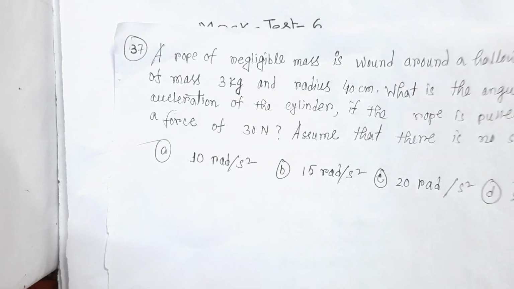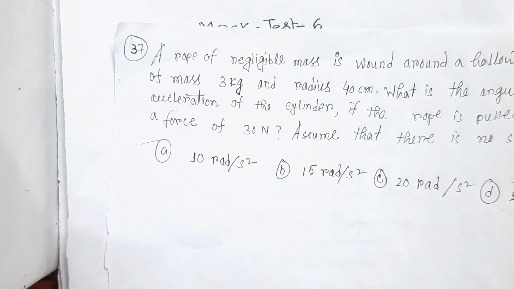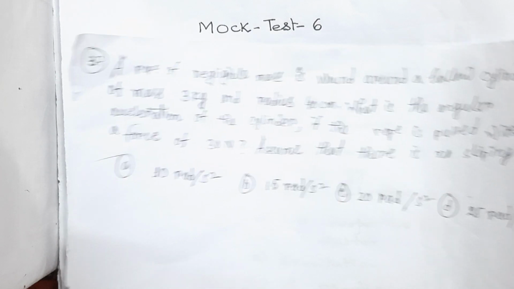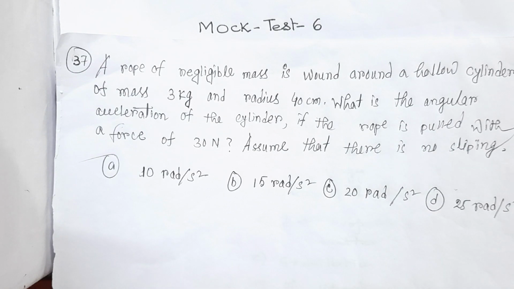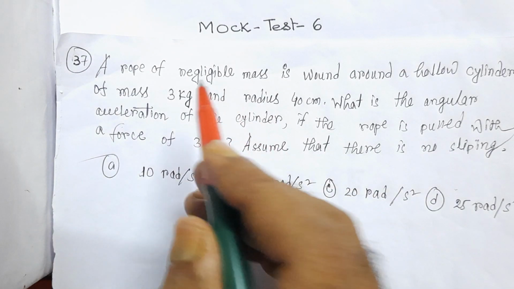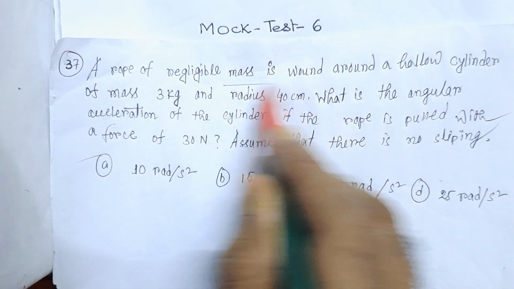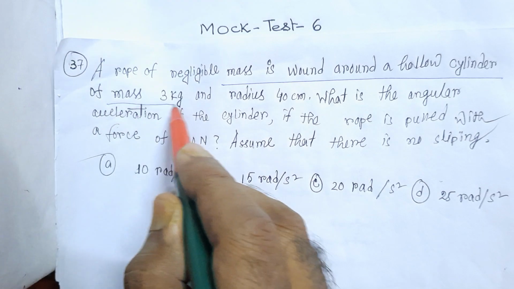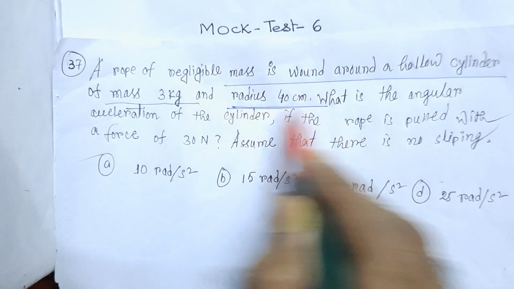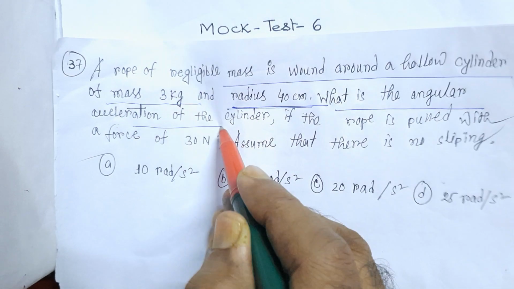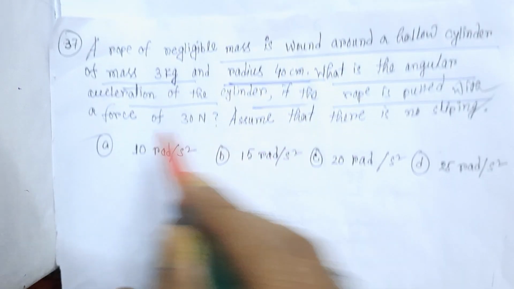Now we will consider question number 37. In question number 37, we see that a rope of negligible mass is wound around a hollow cylinder of mass 3 kg and radius 40 centimeter. What is the angular acceleration of the cylinder if the rope is pulled with a force of 30 Newton?